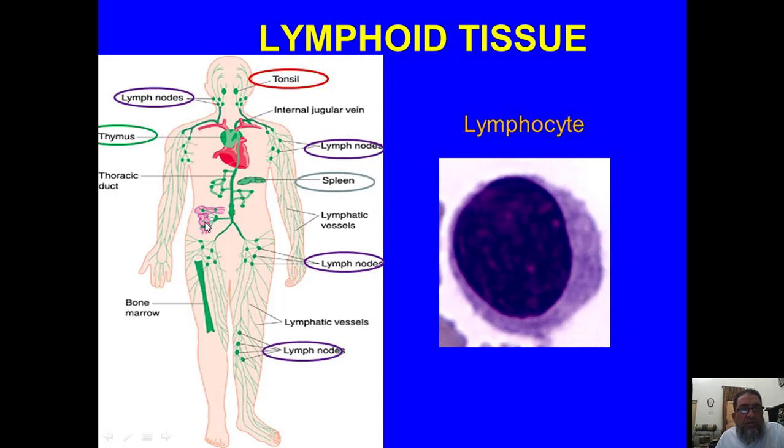The GIT lymphatics, lymph nodes in the iliac region. Then bone marrow is again a part of the lymphatic tissue. The lymphatic vessels in the lower limb are also visible. So this is the general organization in this slide you see.